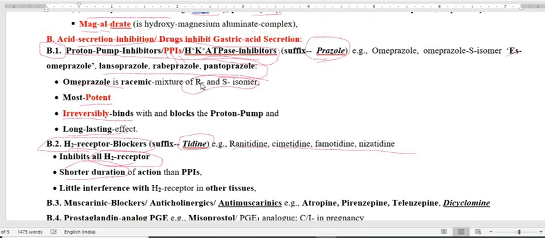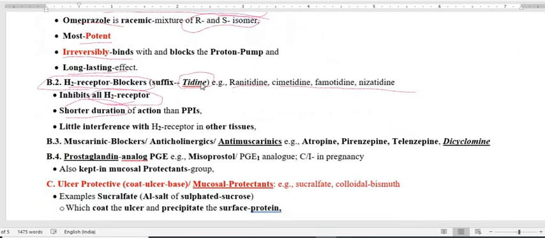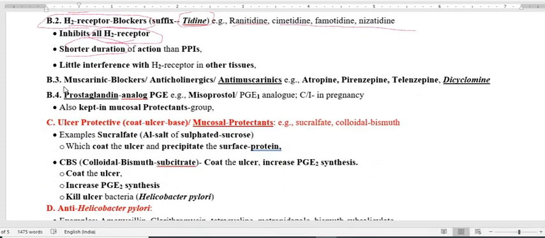next, under the same group of drugs that inhibit the gastric acid secretion, is the muscarinic blocker, or anticholinergic, or antimuscarinic.